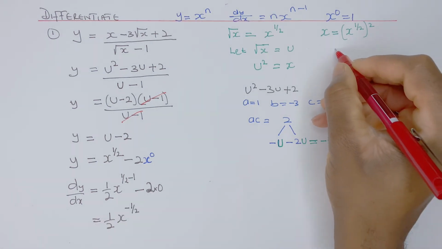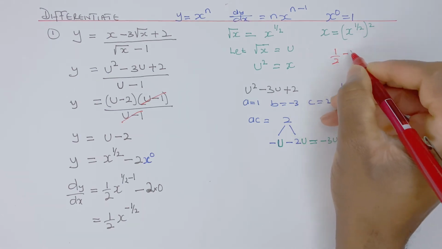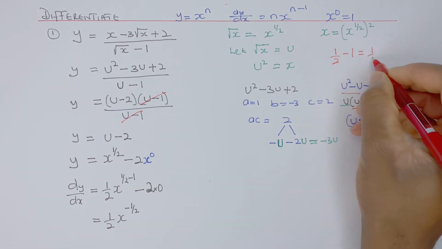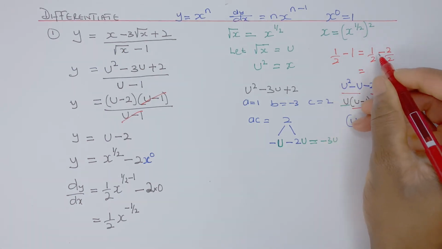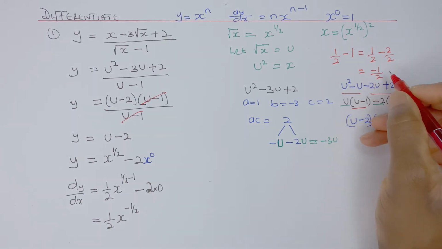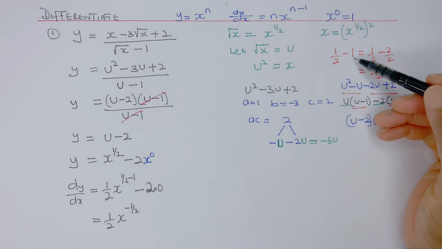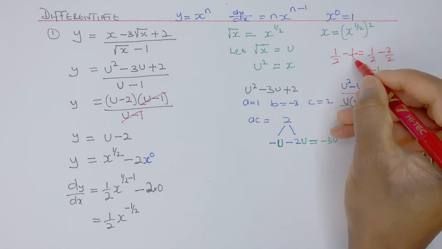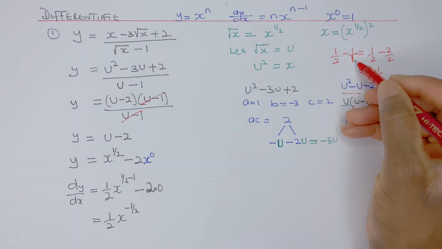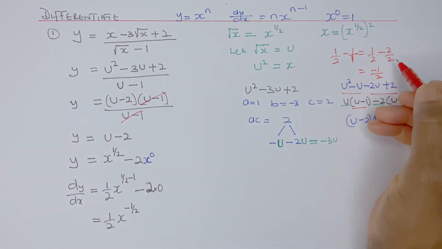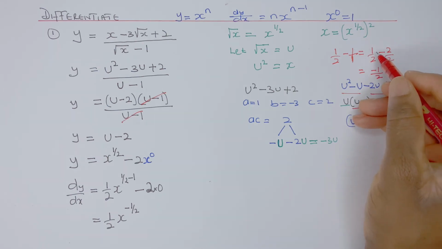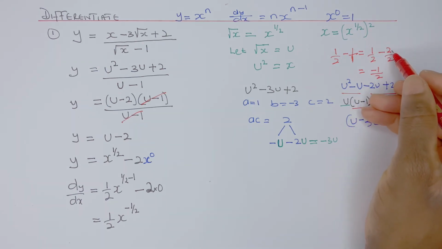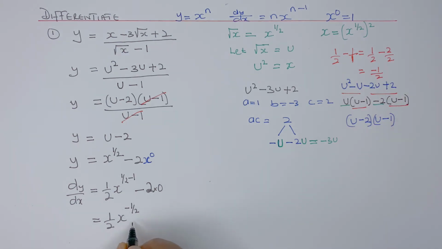A half minus 1 is basically a half minus 2 over 2, and that will be minus 1 over 2. Here I had to multiply, this is over 1, so I multiplied that by 2 to keep the same denominator, and then with a common denominator I just add the numerators. 1 minus 2 is minus 1. And that's 0 there, basically minus 0.